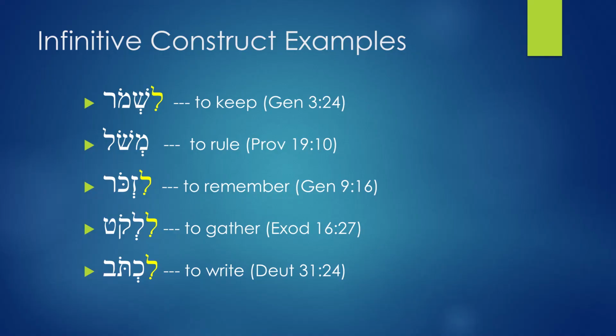It comes from the verb laqat, which means he gathered. And then you have liktov, coming from katav, he wrote. So the infinitive liktov means to write. So remember the pattern. Most of the time you have the le prefix and holem. That holem is placed between the second and third consonant. That's the key to identifying infinitive construct.